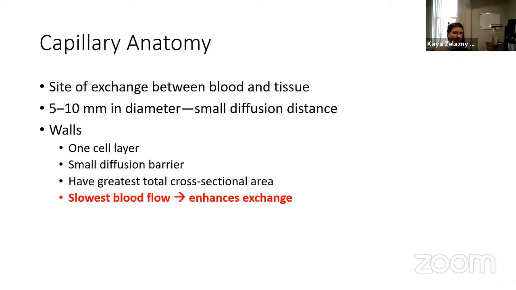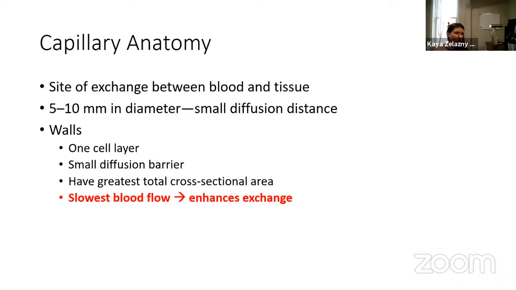We looked at epithelium in lab last semester. They're attached together with a basement membrane, which is basically some extracellular matrix, just sticking them together. This means there's a really small diffusion barrier, as well as having small capillaries, because those substances are only going to have to cross through one layer of cells to get where they're going.